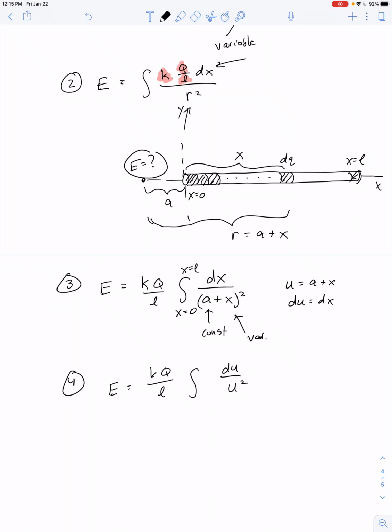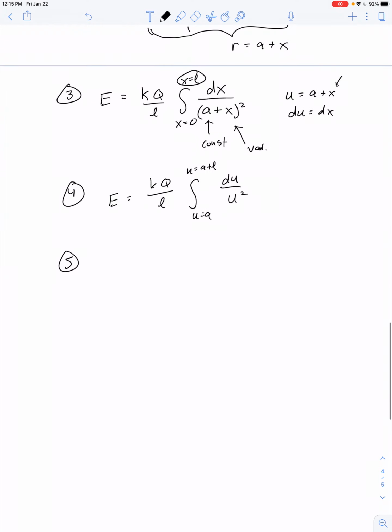And let's see, if x is equal to 0, then u would be equal to a. And if x is equal to L, then u would be equal to a plus L. So you should know the solution to this integral.